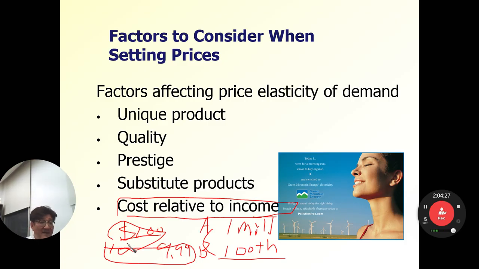That kind of subjective pricing is something we're going to discuss in the next class. In fact, next week, we're going to analyze the Black & Decker case. After we finish the Black & Decker case, then we're going to come back to this subjective part of the pricing.